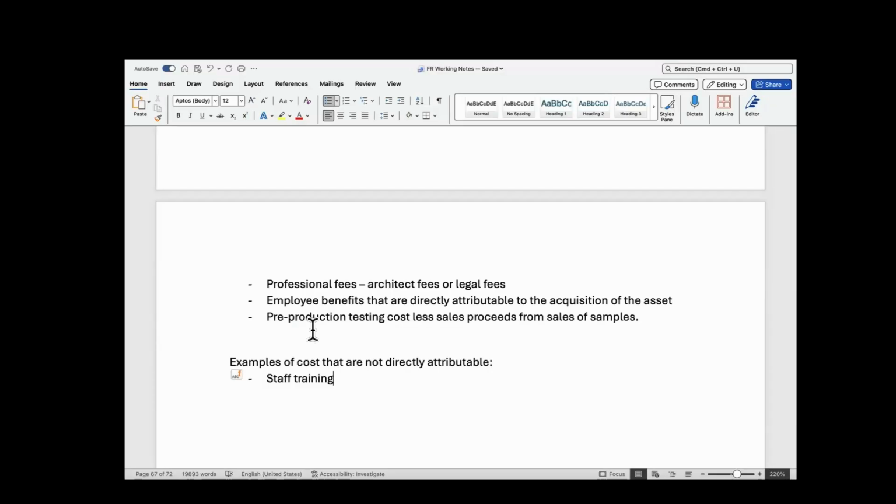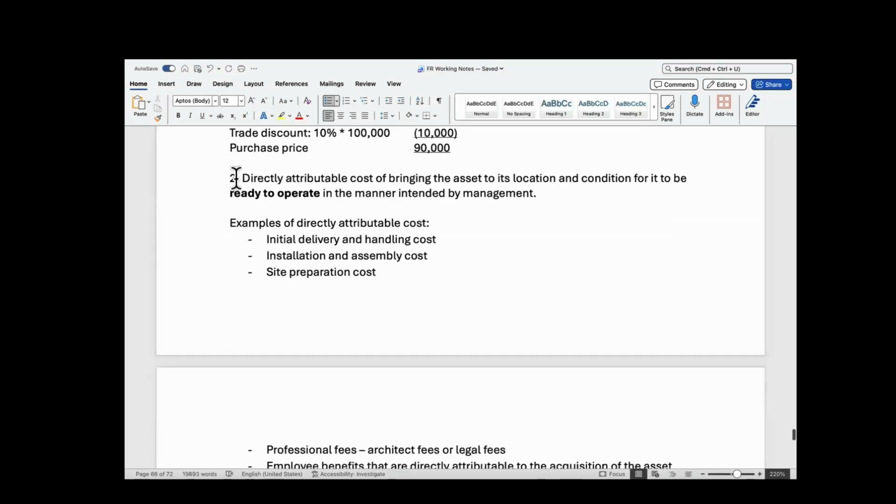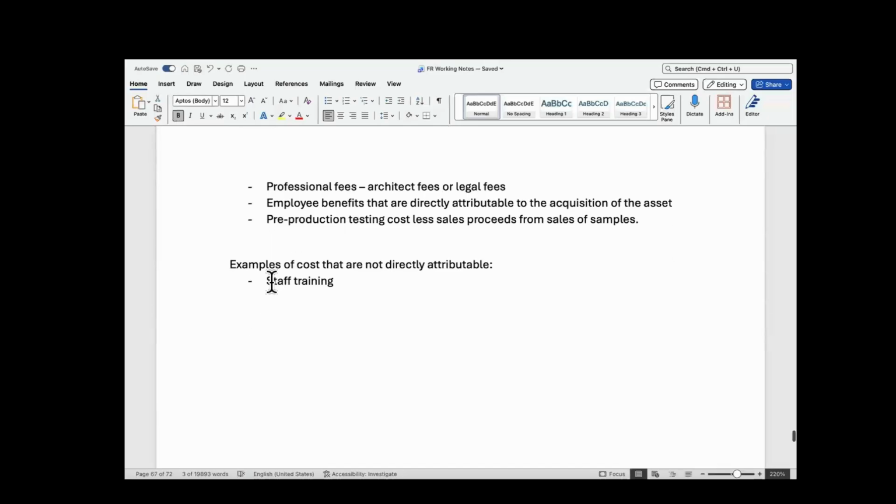but it is not. Because some people think if you don't train your staff to use this asset, now the cost you use to train them is part of the cost of the asset. That if you don't train them, the asset is not ready to operate. So it should be part of directly attributable costs. But the reality is this: the asset, as soon as it is ready, whether your staff know how to use it or not, that does not stop the asset from being ready.